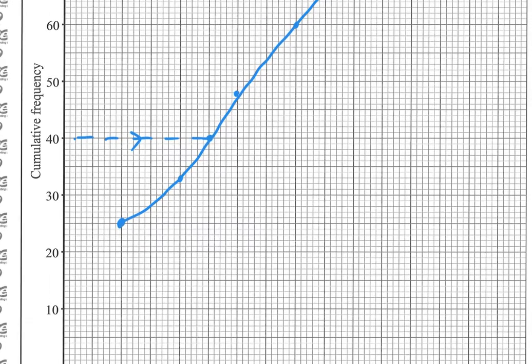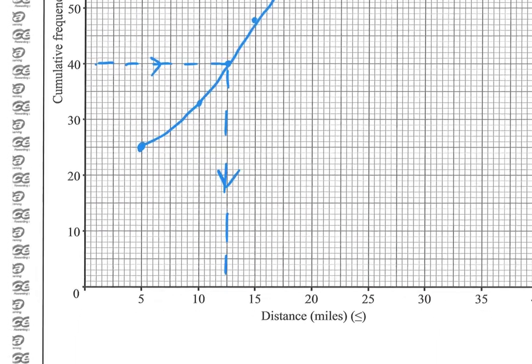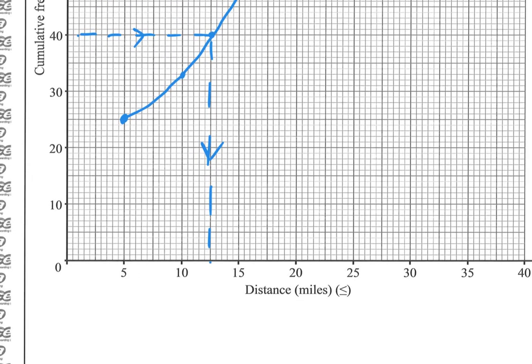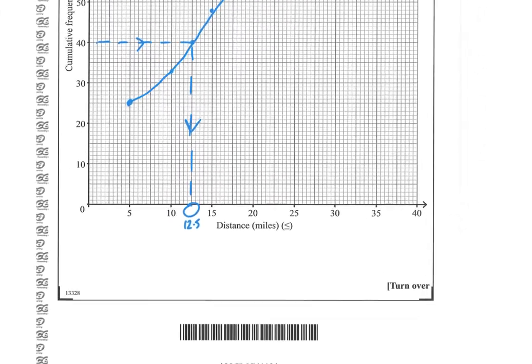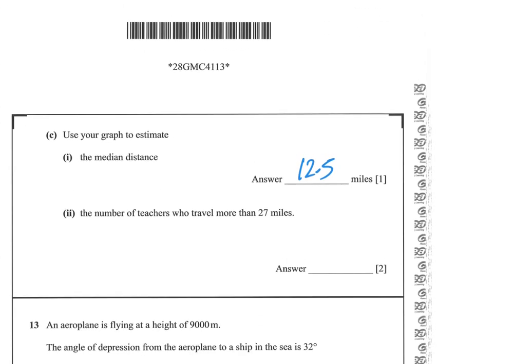And then where it meets, just go straight down and mark on the arrows. And then that would have been this value, and that value would have been 12.5. So you fill that in for here. The median is 12.5.